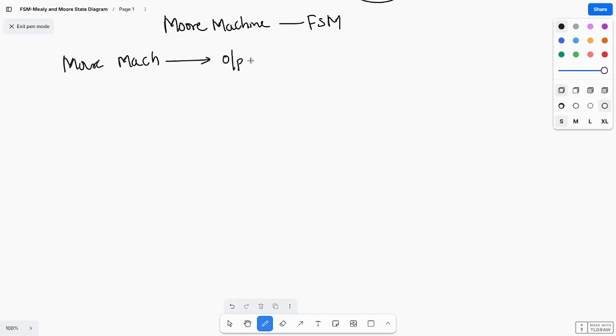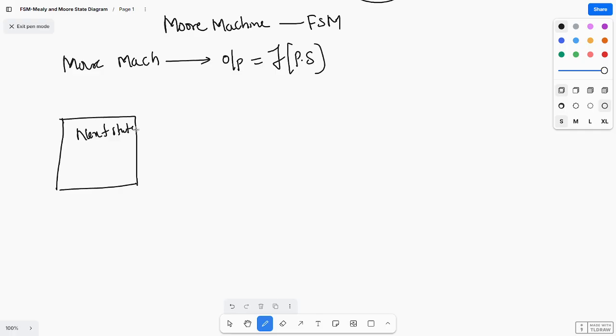The output only depends on the present state. So from here I can draw this: the next state combinational logic, and you have a state register.